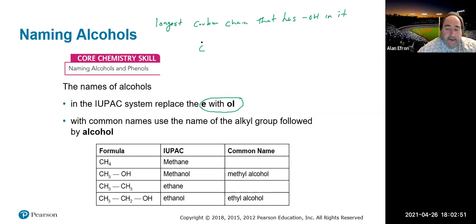As we can see here, we have 1 carbon with the OH group. 1 carbon is based off of methane. Drop the E because of the OH, and it becomes methanol.